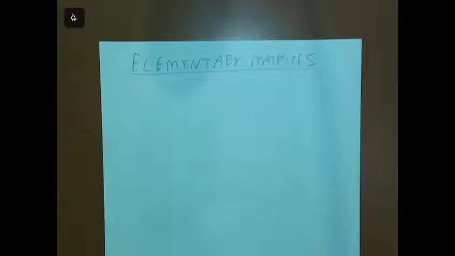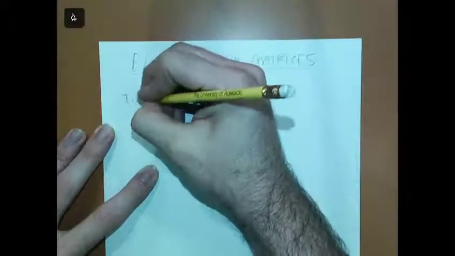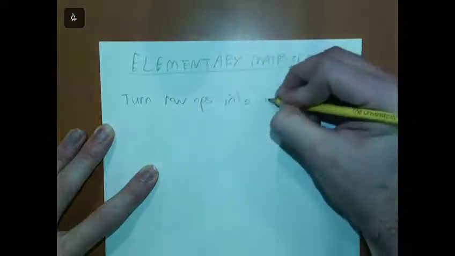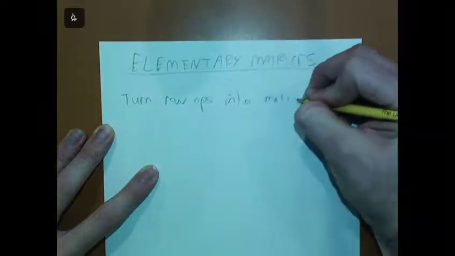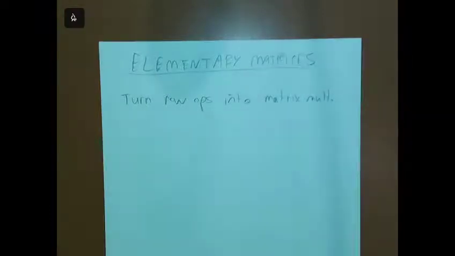They turn row operations into matrix multiplication. That's what they're for. And every row operation you do, the effect of doing that row operation is the same as the effect of multiplying on the left-hand side of your matrix by an elementary matrix.